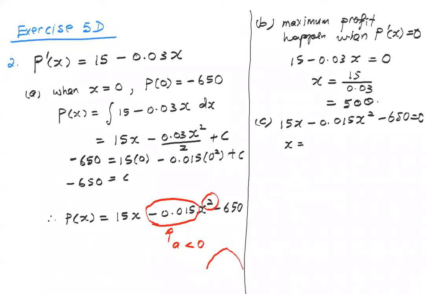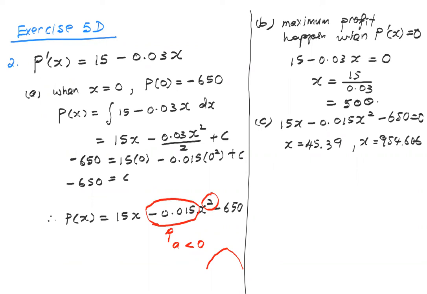Can someone give me the answer? 45.39. That is the one end. How about the other value? And the other one is 954.606. So that is how, if I don't want to use a graphic calculator, I just use a scientific calculator.